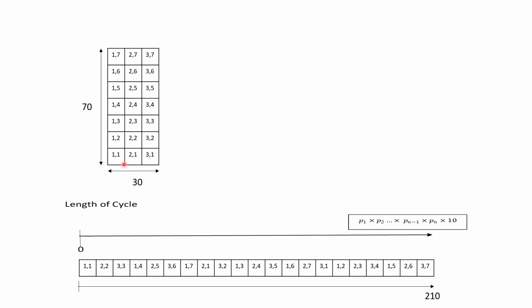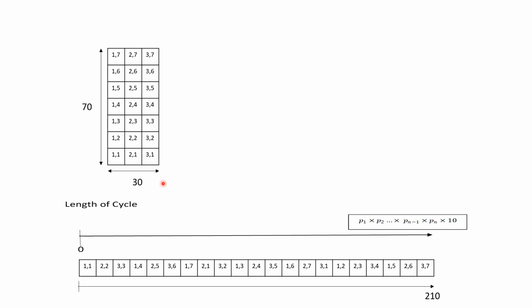So this 1 and 1 means the first 10 of the cycle of 3, and the second one means the first 10 of the cycle of 7. So the first number is the 10 of the cycle of 3 that is combining with the second number that is the 10 of the cycle of 7. So here is the second 10 of the cycle of 3 with the first 10 of the cycle of 7.